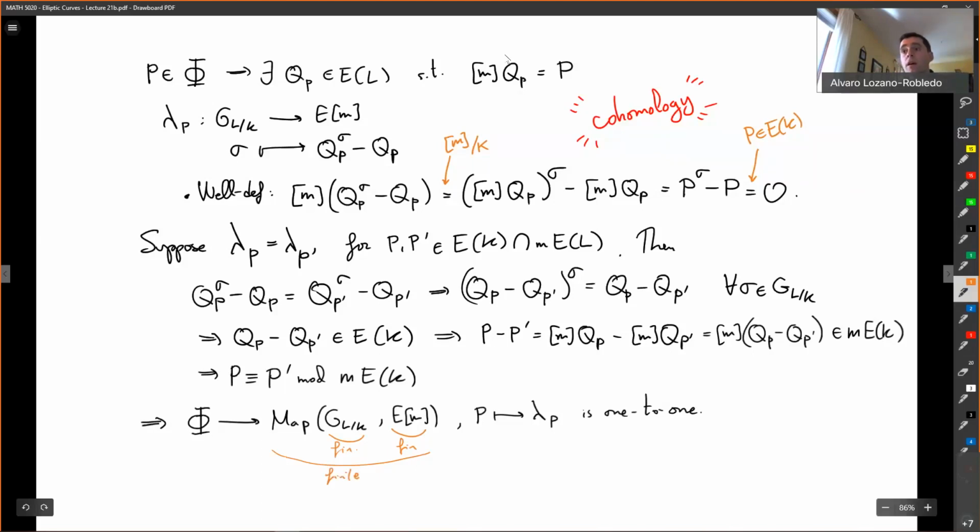Okay, but since phi injects into a finite set, then that tells you that phi itself is finite, which is what we wanted to prove, because the kernel of the map from EK mod m into EL mod m is finite, and we're done.